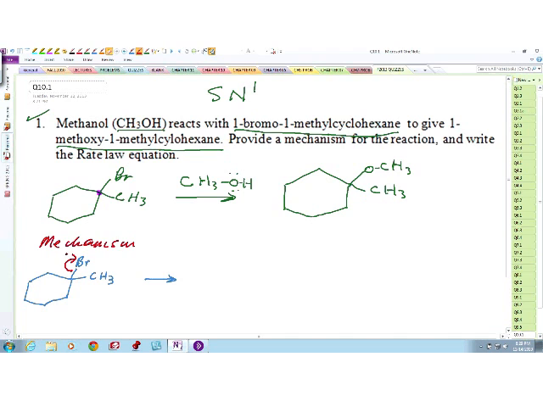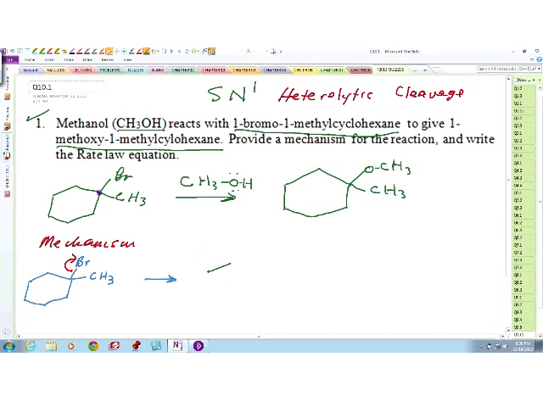Those two bonding electrons will be going to bromine. And once you do that, you form a carbocation.